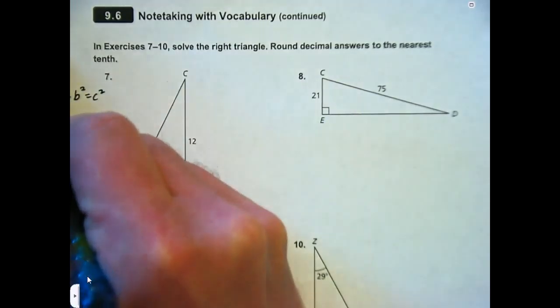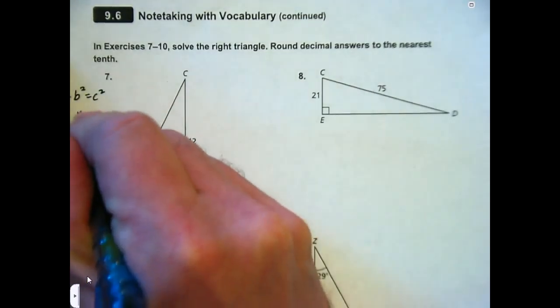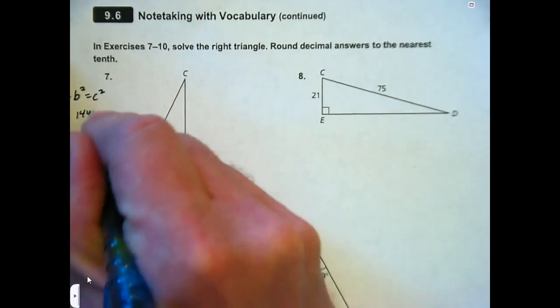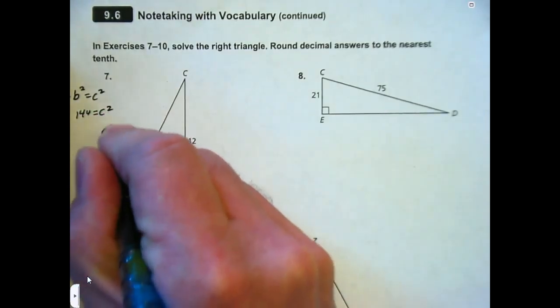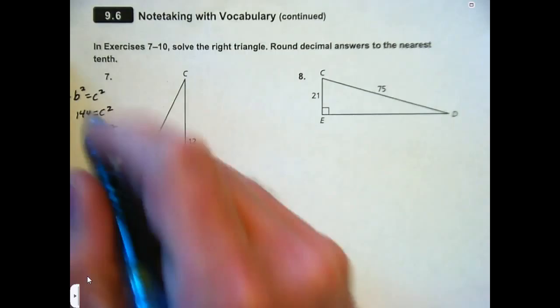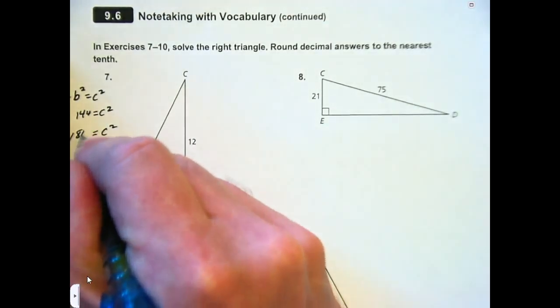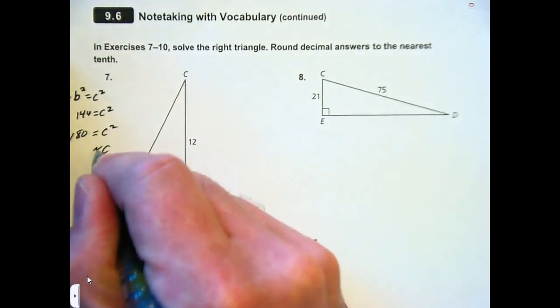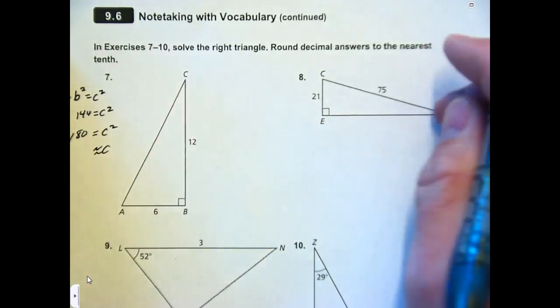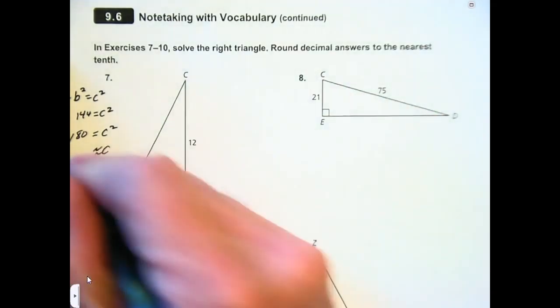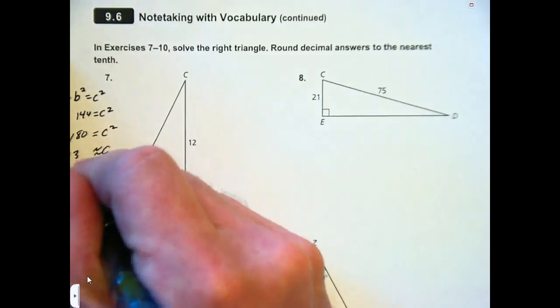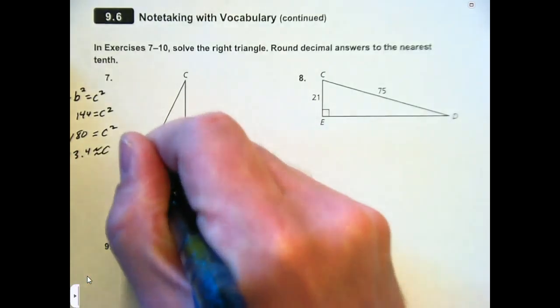So you get 36 plus 144 is equal to c squared. C squared then is 180, and C is, if we went to the nearest 10th, 13.4. Sound right? Okay.